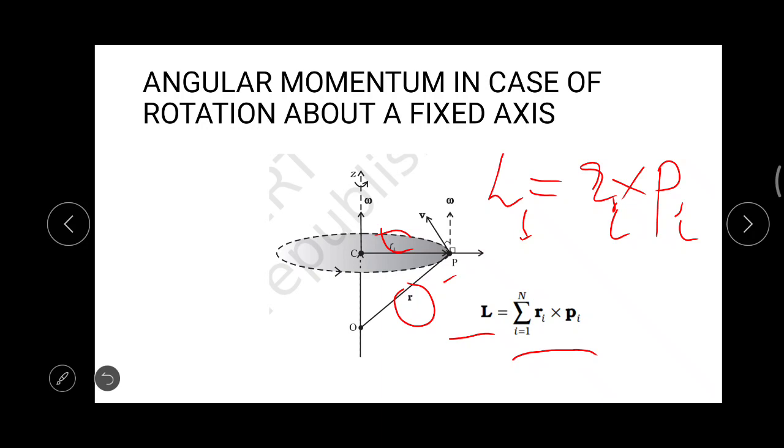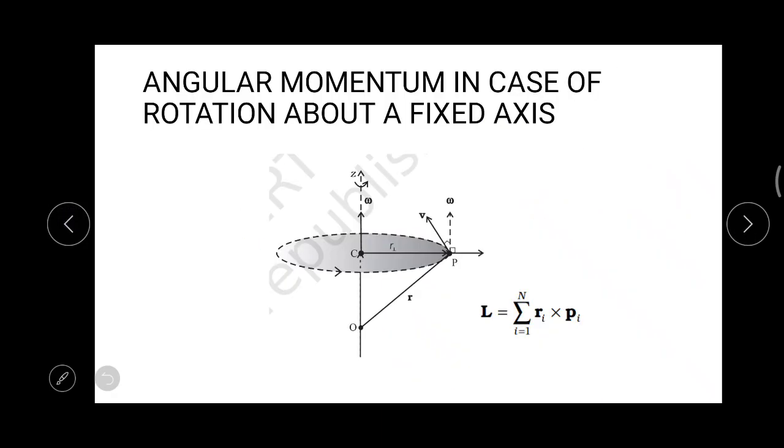Okay. Now you can see here this r perpendicular component is upon the plane of the circle or the path.